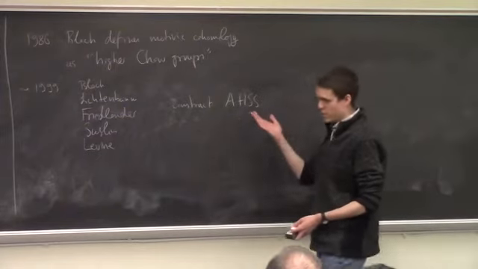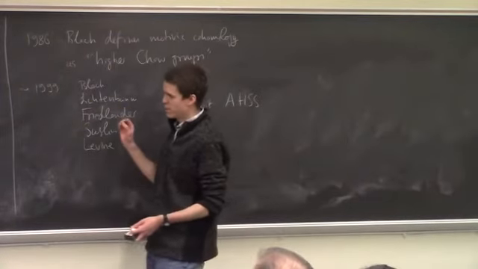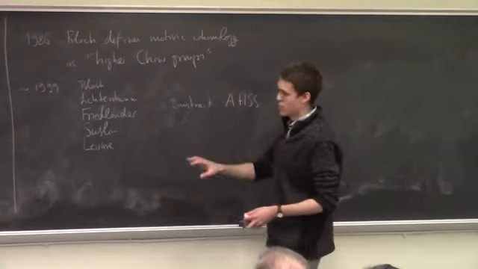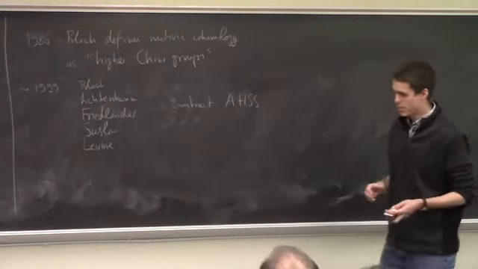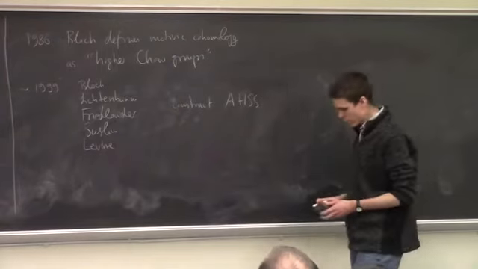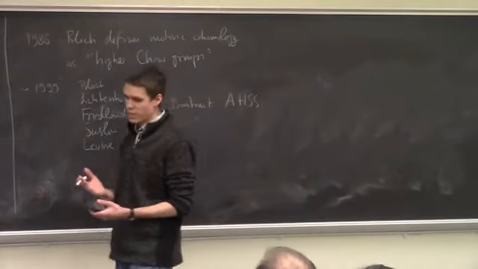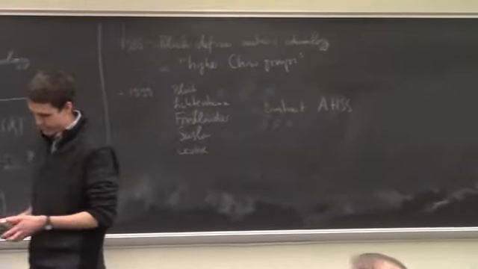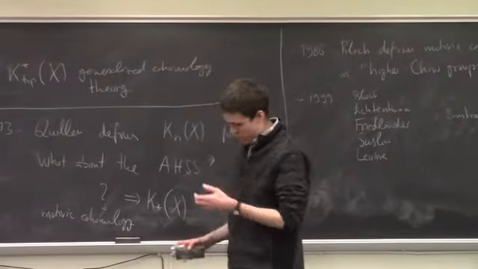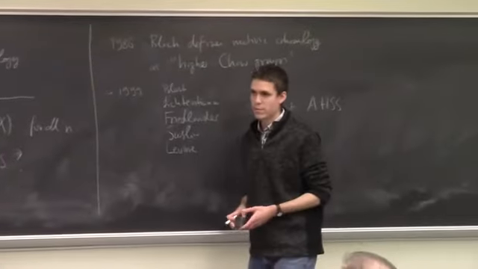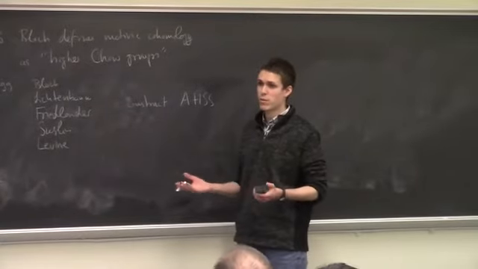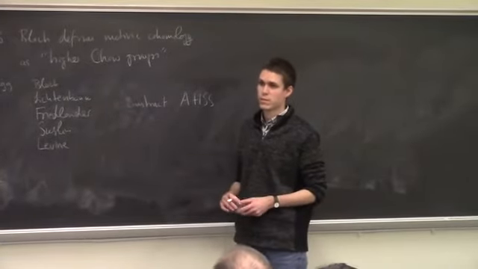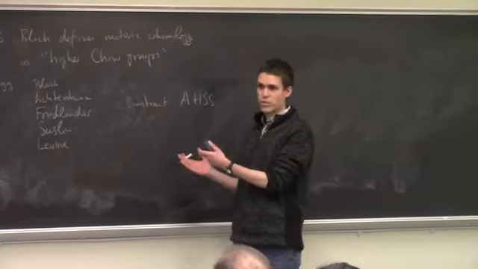But the Bloch-Kato conjecture is a statement which does not involve anything that appears on the board here. It gives a presentation of, it's a computation of the Galois cohomology of fields. Should I write that?